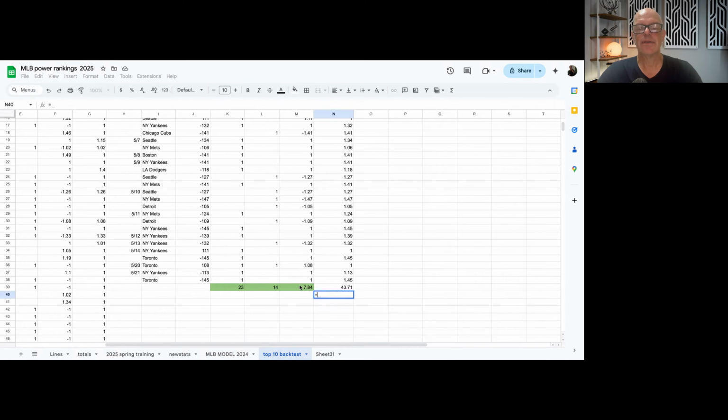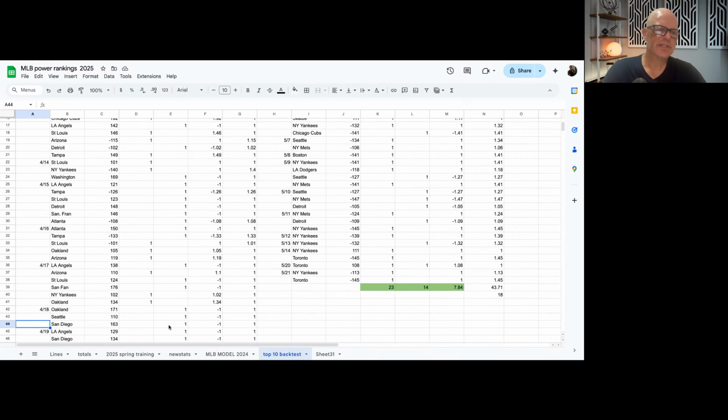We take the number of units that we won divided by the total amount of units invested. So we take 7.84 divided by 43.71 units, and that gives us 0.179. We convert that to a percentage, that's 18%. So the ROI here is 18%.